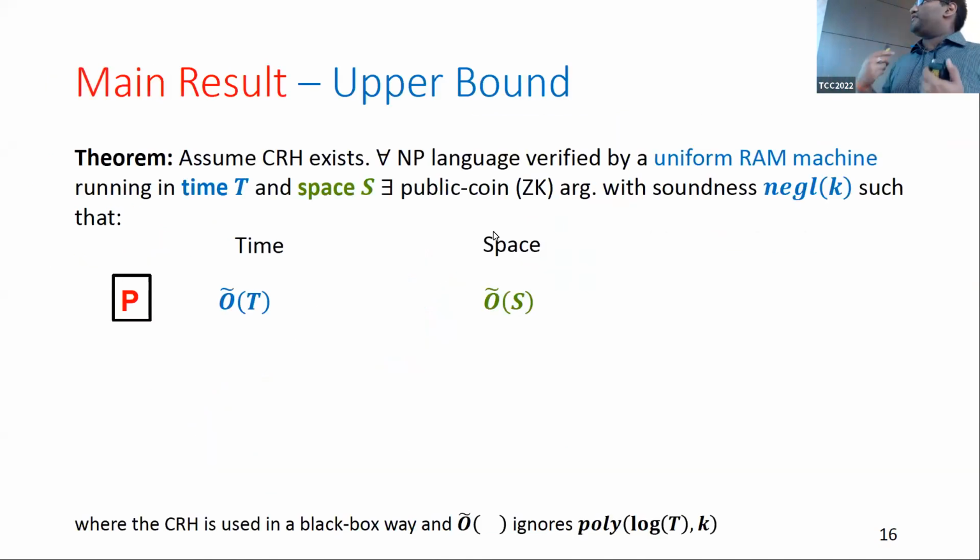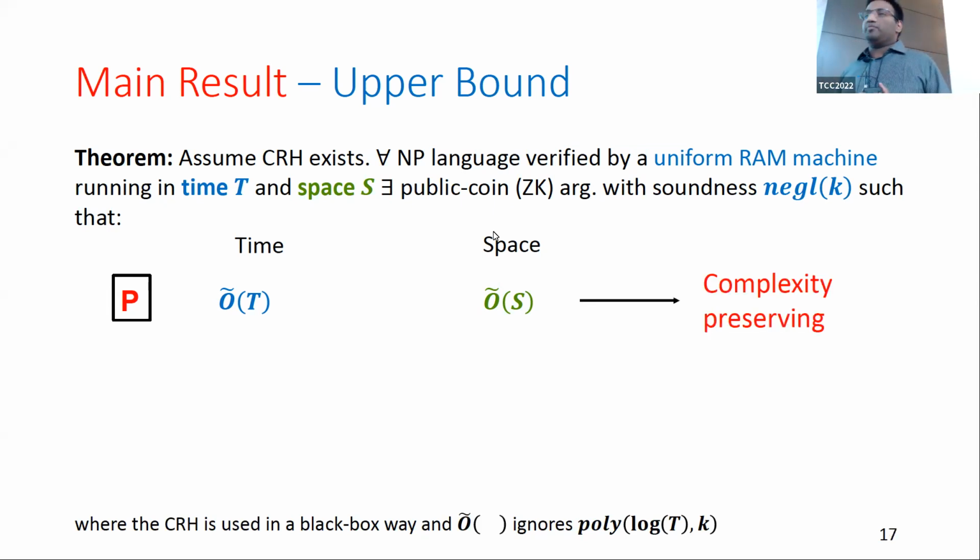Our first result is, assuming that a collision resistant hash function is used as a black box, we construct a public coin zero knowledge argument with negligible soundness for NP languages that can be verified using a RAM machine running in time t and space s. Here the prover's complexity is complexity preserving, meaning the running time is t and space is s.